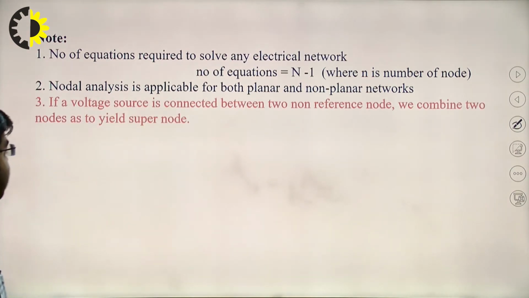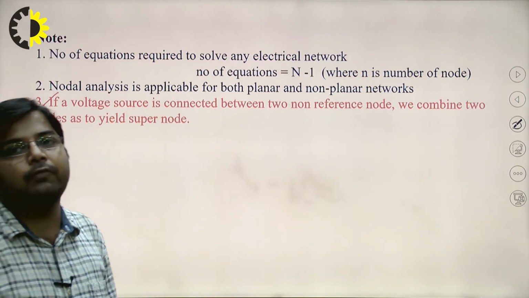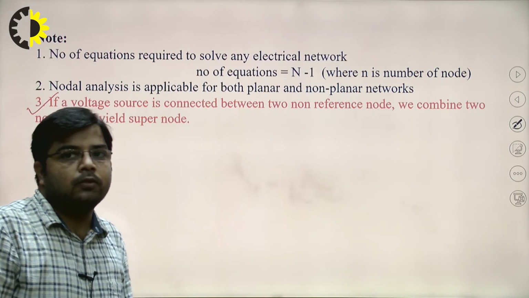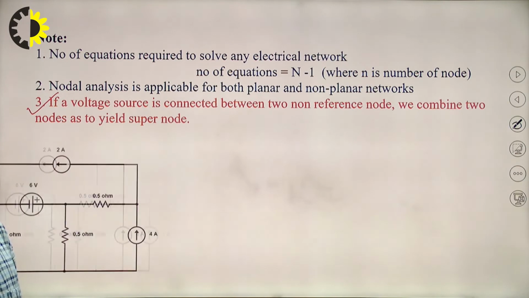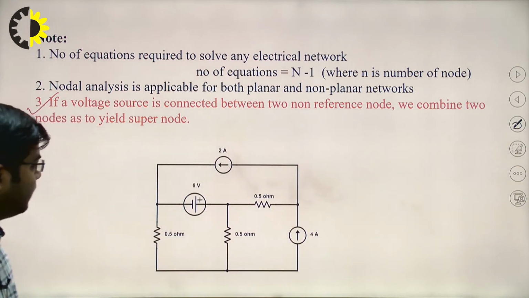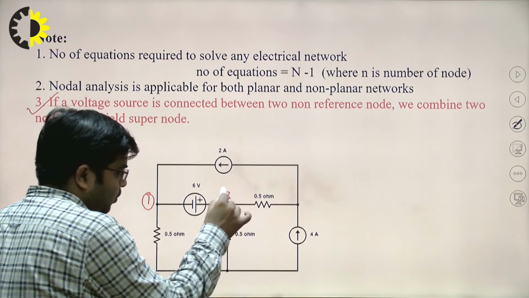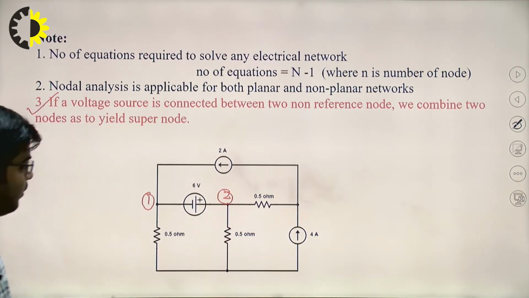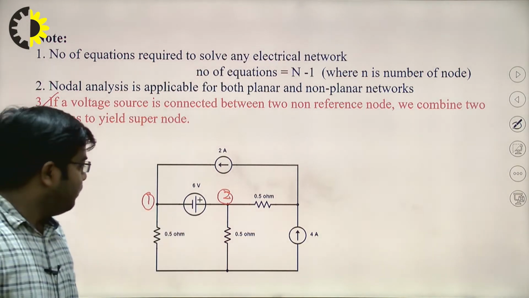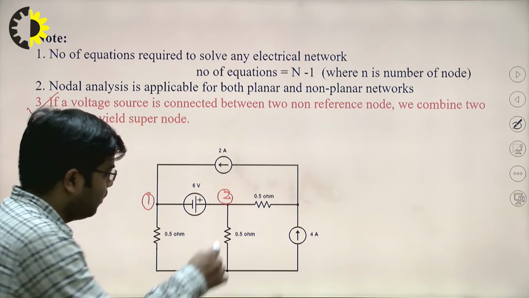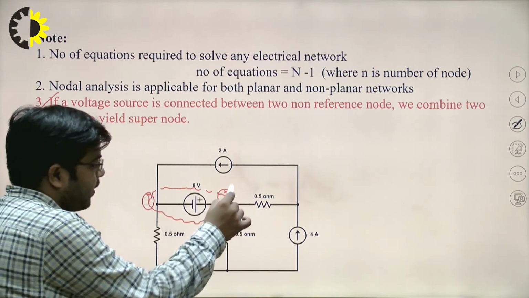And the third important point: if a voltage source is connected between two non-reference nodes, you can combine these two nodes as a super node. In this network, you can see node 1 and node 2 are connected directly through this voltage source. There is no resistance between node 1 and 2, so you can combine these two nodes as a super node.